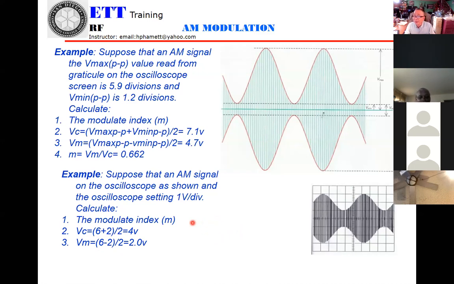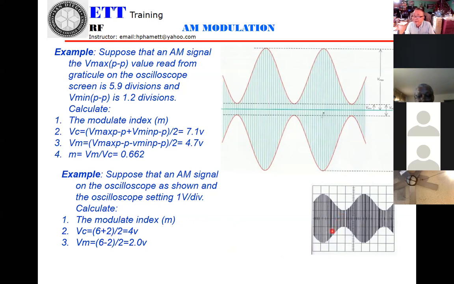So what does M equal? M will be equal to VM divided by VC. VM is 2 volt. Easy to recognize. 1 division, 2 division, 1 volt each. So that's why VM is 2 volt.